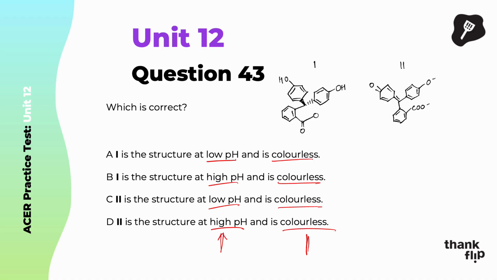So let's start off with the colorless bit. We're told from our stimulus that the color comes from conjugated bonds in these kinds of compounds. If we look at options 1 and 2, we can see that option 2 has a longer chain of these conjugated bonds.